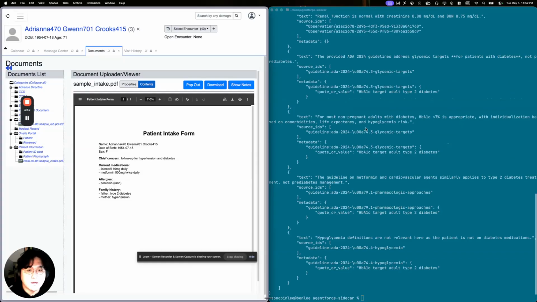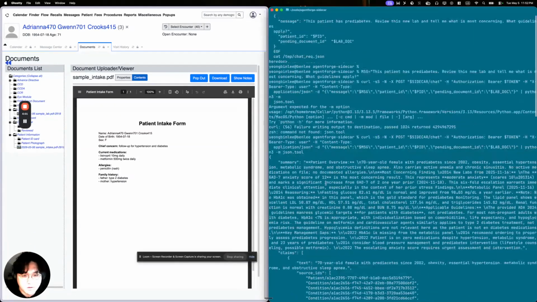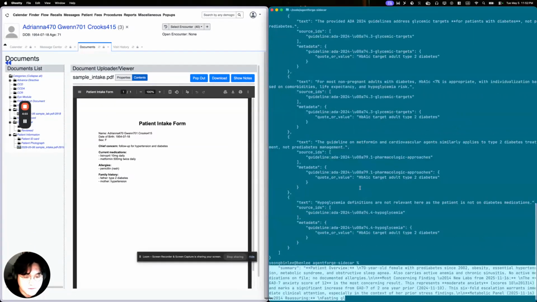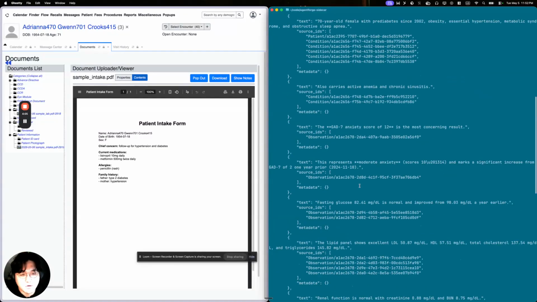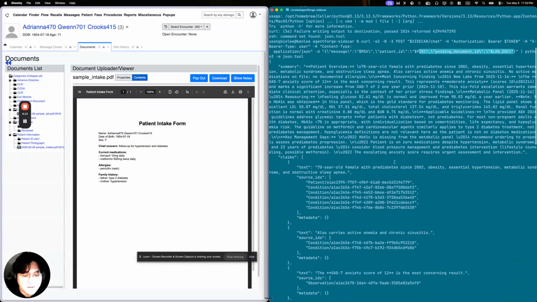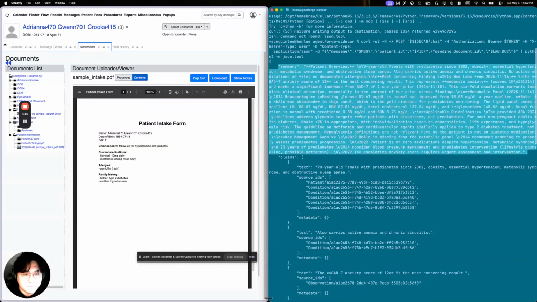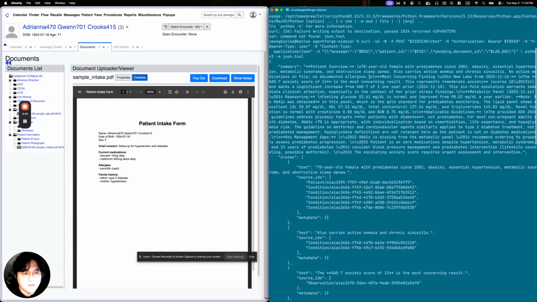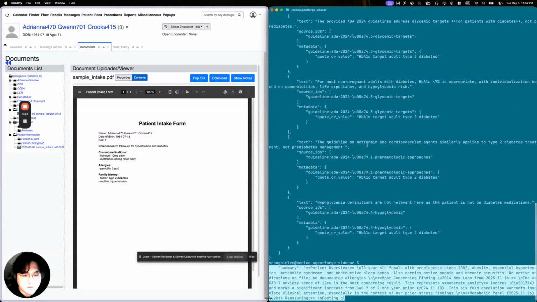Here's a lot of text showing what the summary came back with, essentially synthesizing some of the information it received from the doc that we passed in. It's talking about sleep apnea, the triglycerides, metformin, and whatever else.